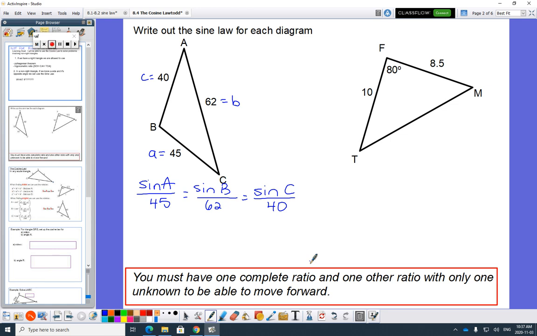So 80 degrees is angle F. The opposite is side F. T is blank, but side T is 8.5. M also blank, but side M is 10. So now we do have an angle, but we can still try to do the same thing.